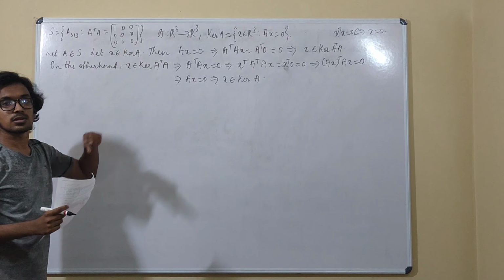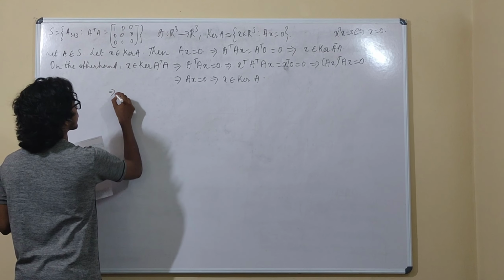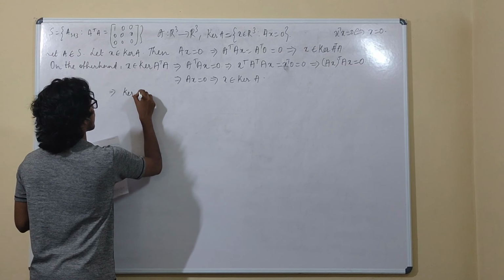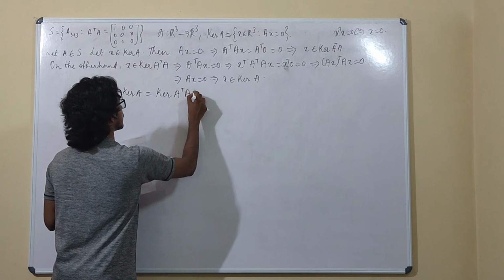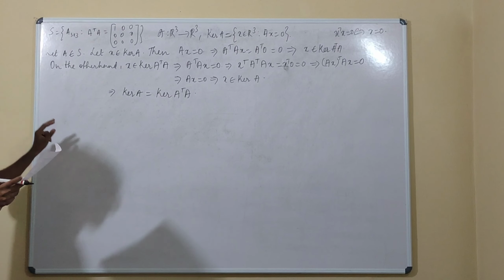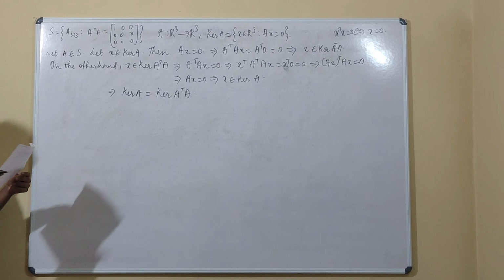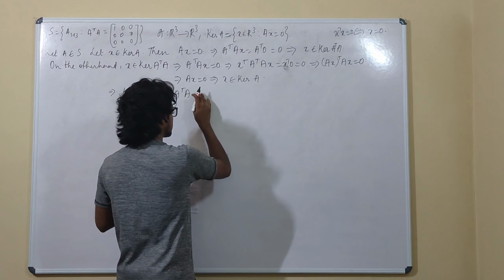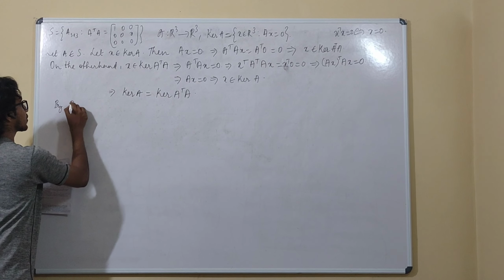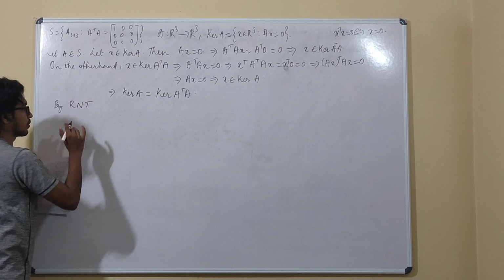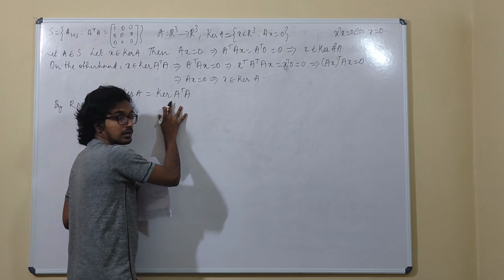So proving these two things, what do we get? We get the kernel of A is the same as the kernel of A transpose A. Okay, so what can we decide? If these two kernels are equal, by the rank nullity theorem, what can we deduce?